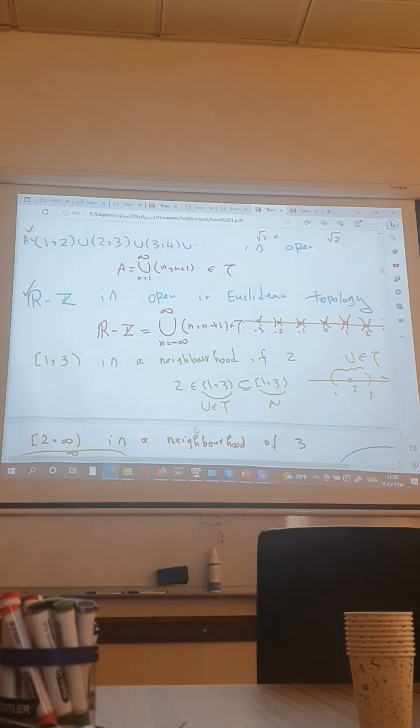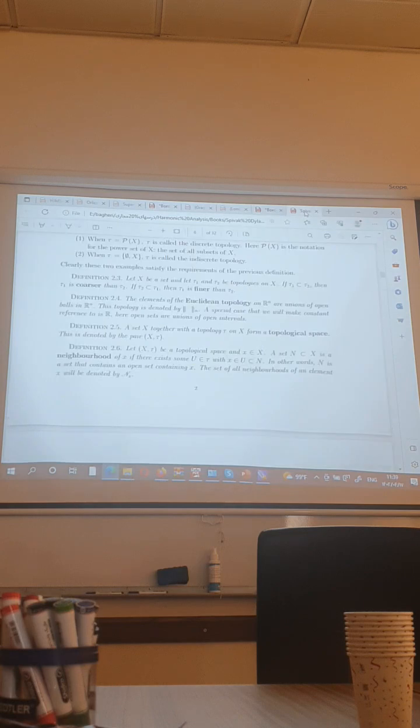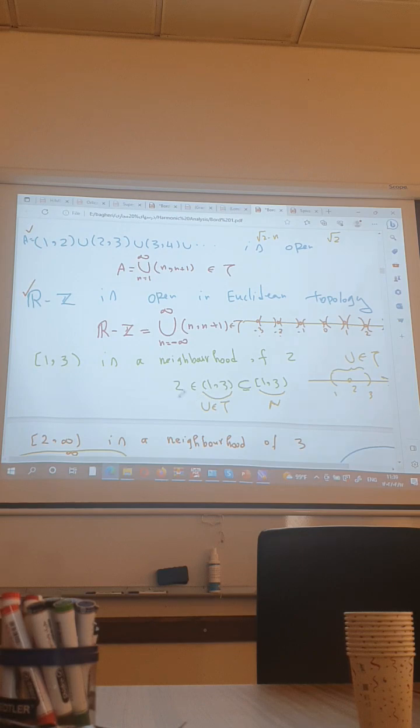Please pay attention to this. x must belong to an open set, and this open set must be a subset of our set, okay? x belongs to U, U is a subset of N. And we see that in this example, 2 belongs to this open set, and this open set is a subset of our set N, okay? So this N is a neighborhood of 2.